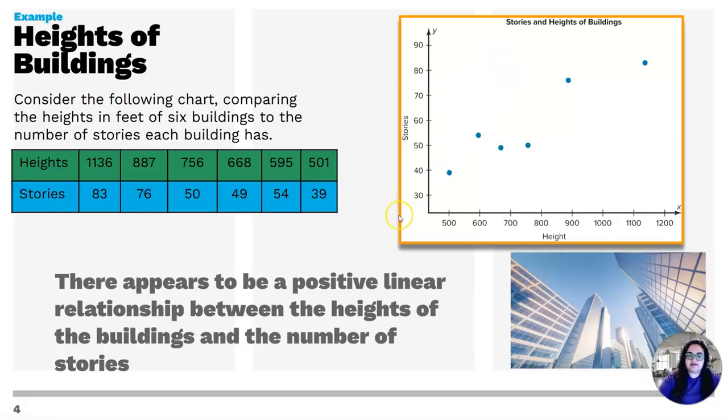So looking at this one, we can say that there appears to be a linear relationship between the heights of the buildings and the number of stories. Also notice that my graph looked a little bit different. They've truncated the axis over here, so it looks different, but it still has the same positive slope that my graph had.